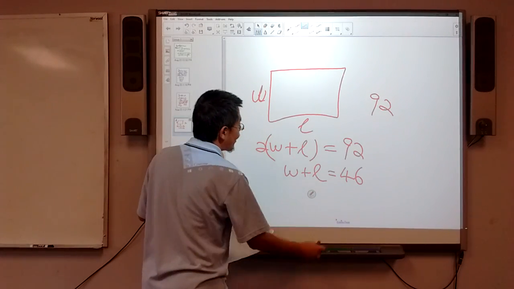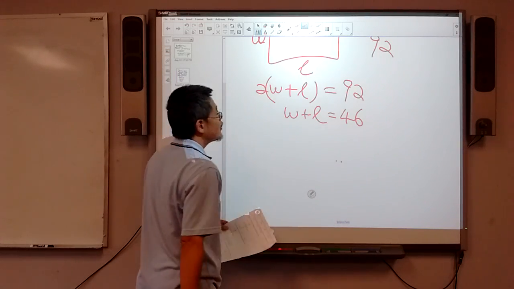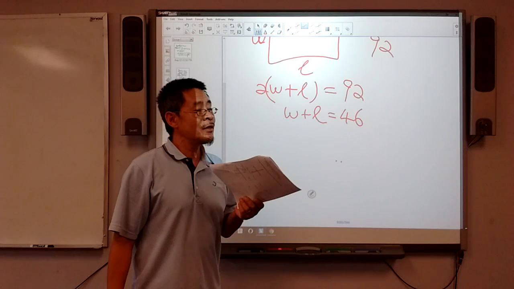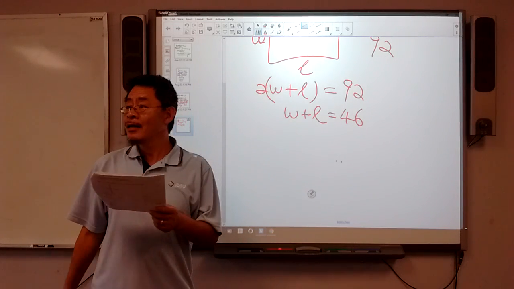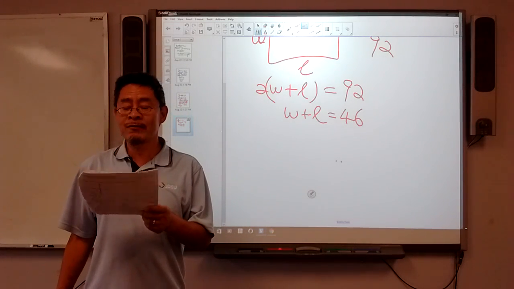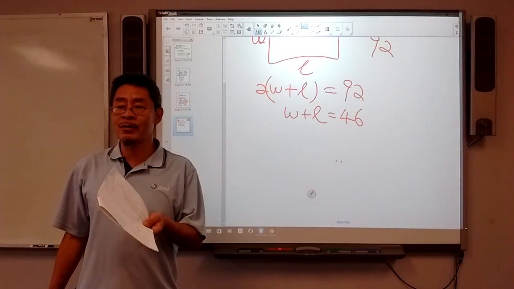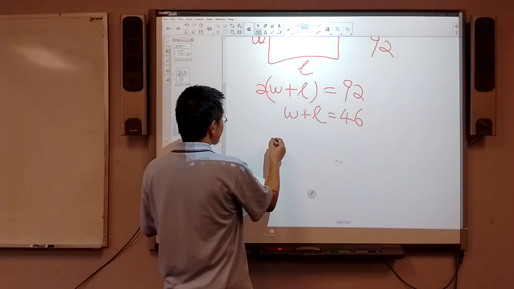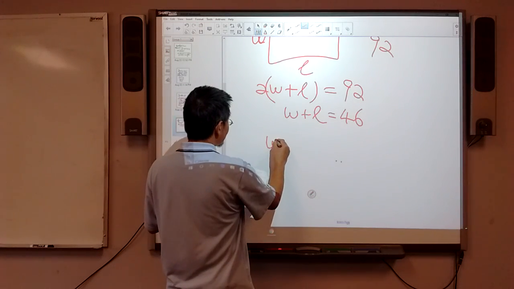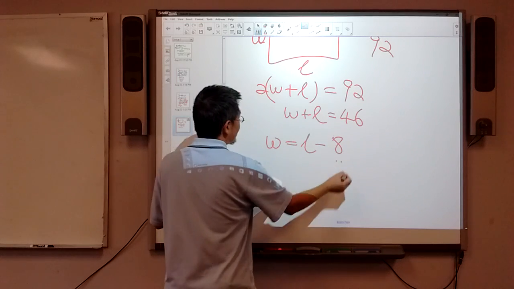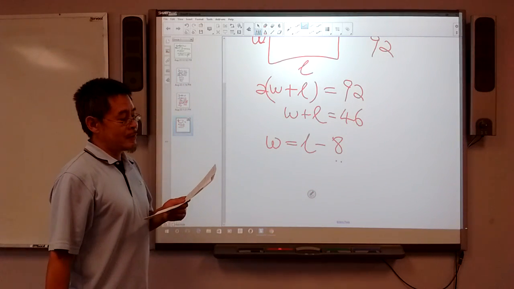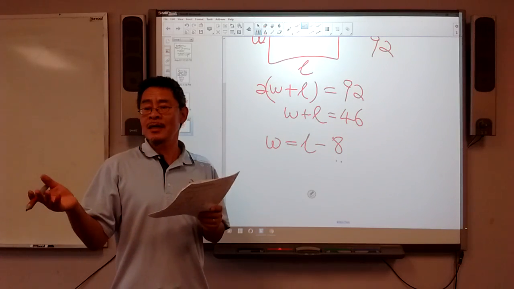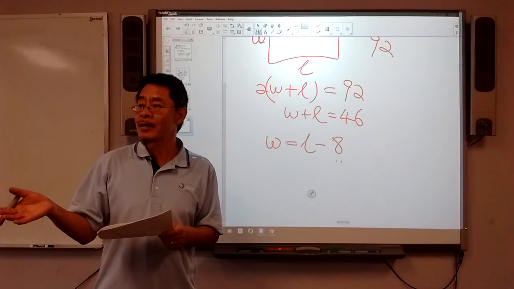Now, what are they asking for? Length, right? So it's easier to set length as the variable. If length is the variable, what's W? Because the length is 8 meters longer than the width, the width is 8 meters short of the length, so W is L minus 8.